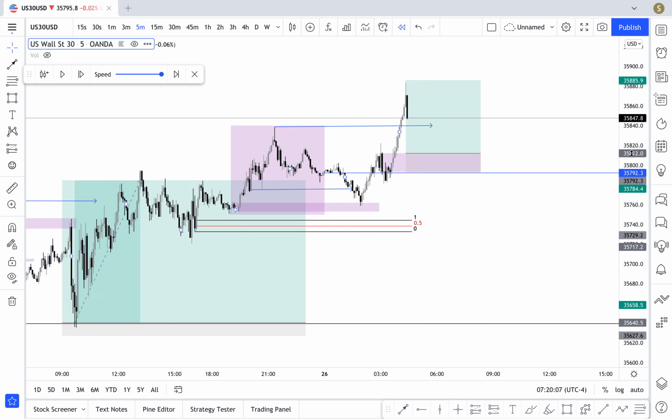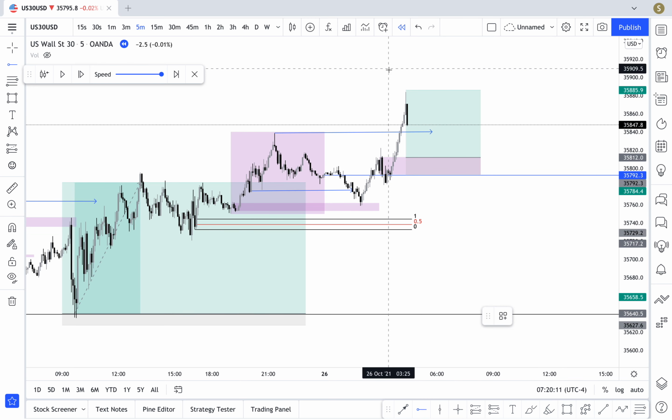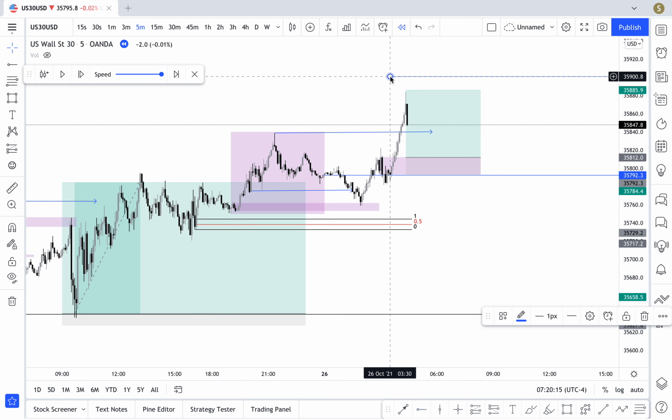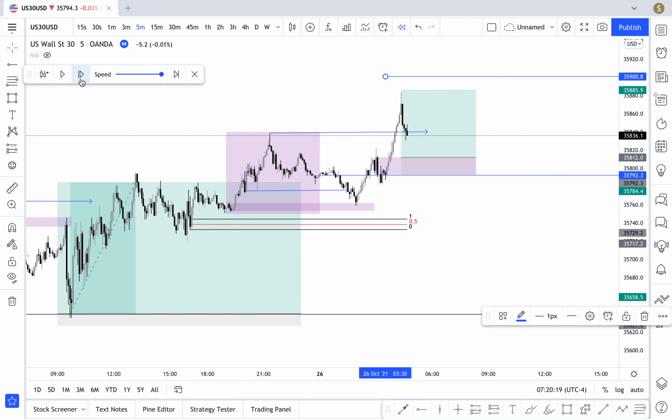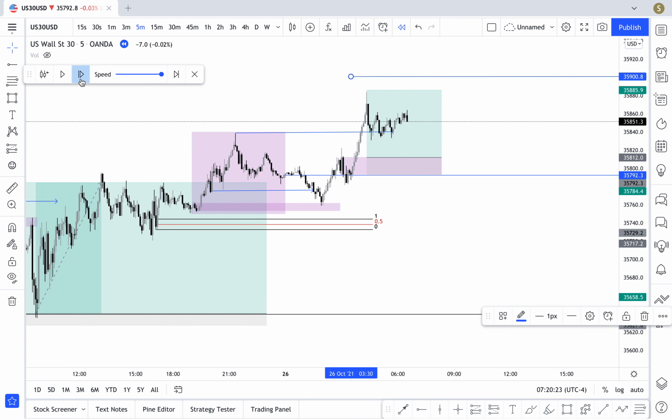Or I'm just going to look, let's say we have the institution level. You see this is on here. Since these things move 100 points, I'm just going to point there and see if market is going to go there.